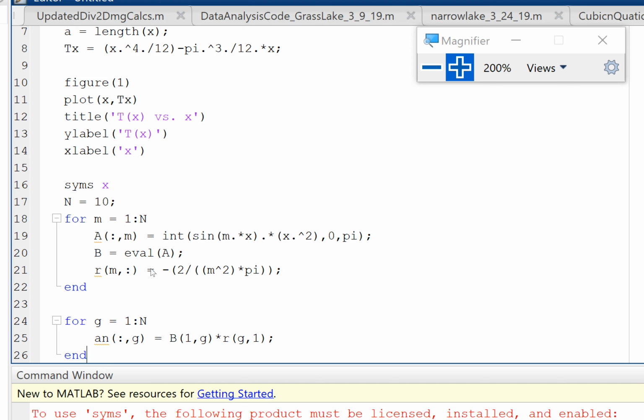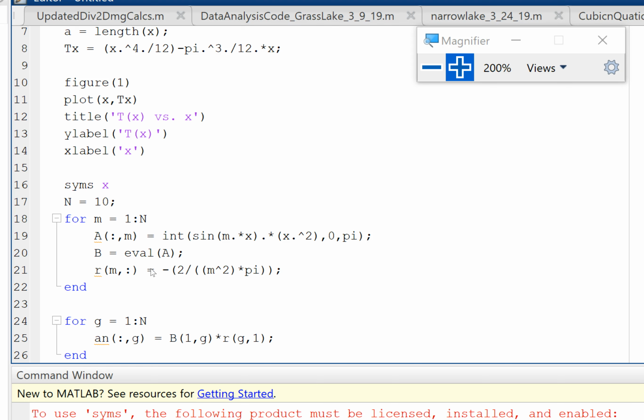So let me just talk about what is happening here. Anytime you do sims, what you do is you make your equation in a variable form. Okay. So where I have that A on line 19, it says int of sine of mx times x squared.